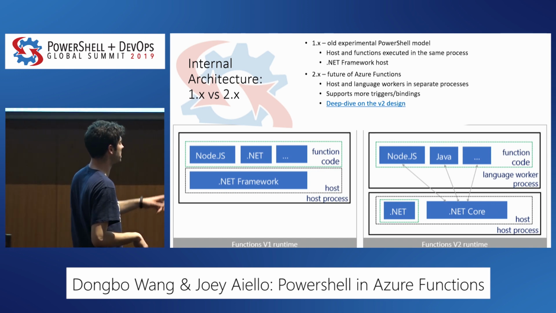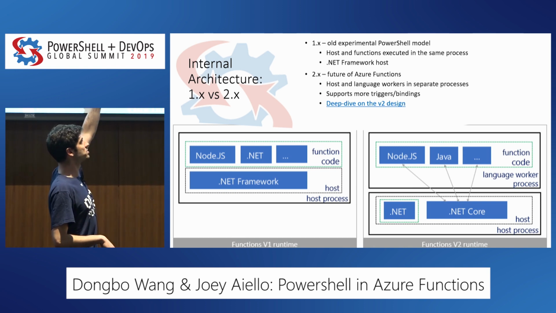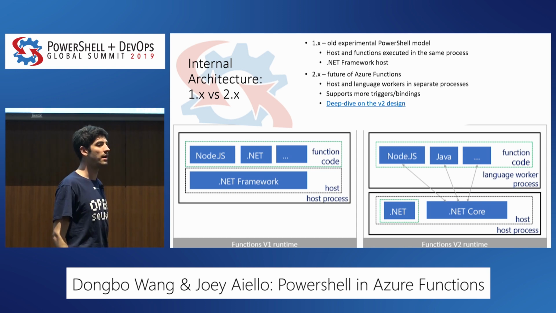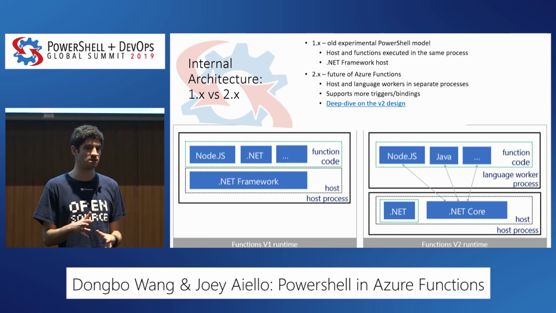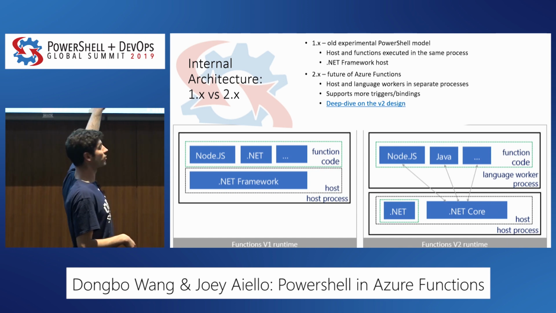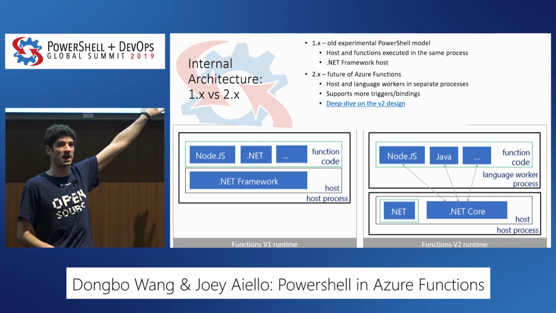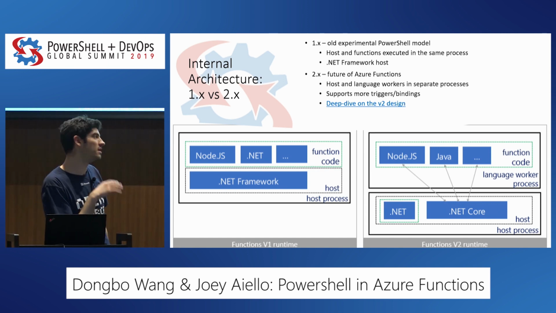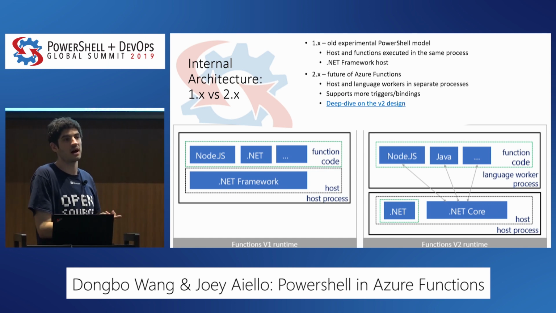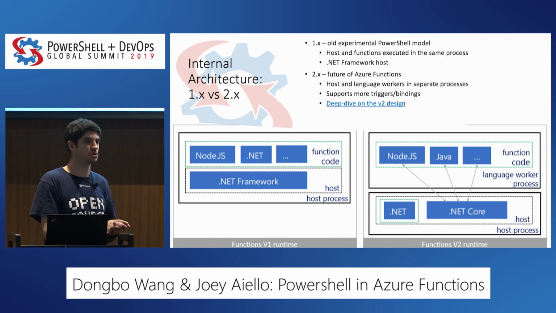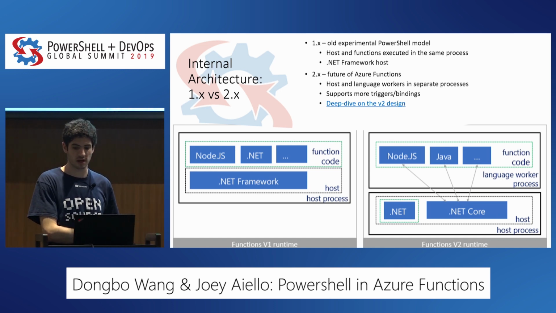In v2, because we're going over an inter-process boundary between the language worker and the .NET Core-based host, we have to serialize to JSON before PowerShell gets it. That's not applicable for .NET because they're running the .NET worker from within the same process. They kind of cheated a little bit, but it means they get all kinds of awesome features there. It's just that we were not able to do the same for resource reasons.